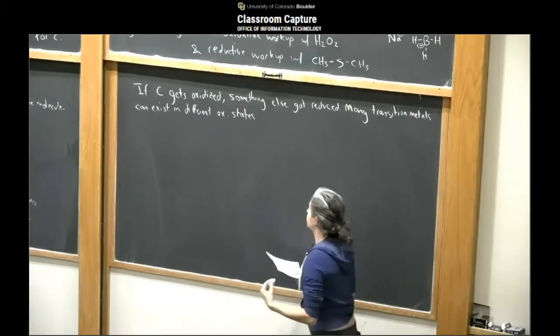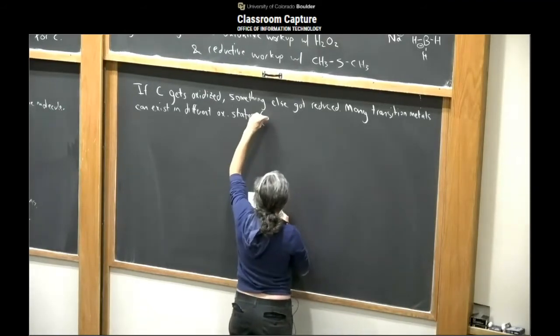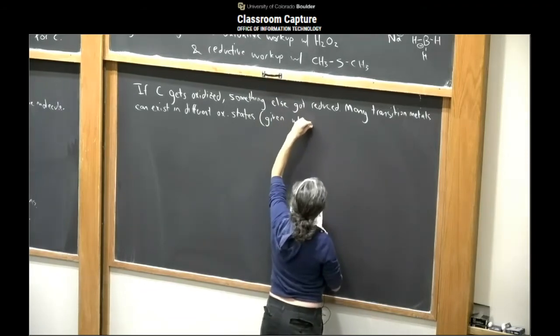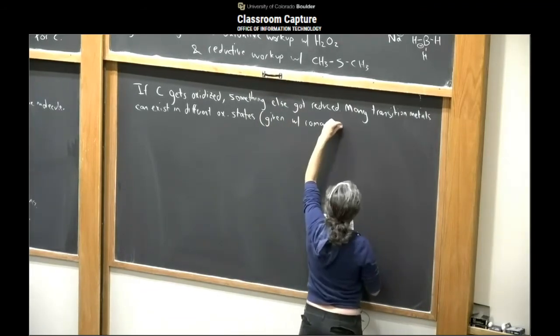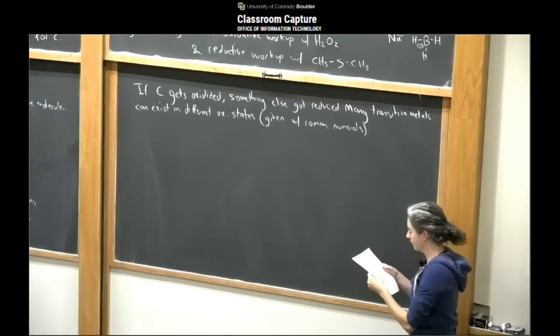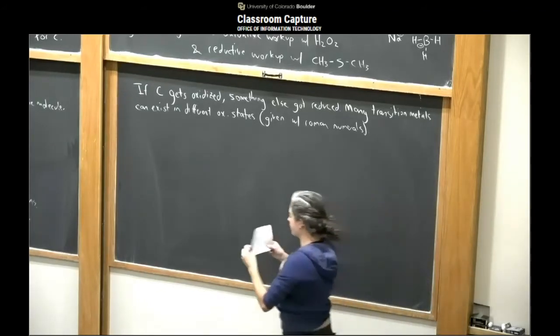And these are usually written with Roman numerals, if you'll remember from Gen Chem. Okay, so we calculate oxidation state for them the same way that we do for carbon.